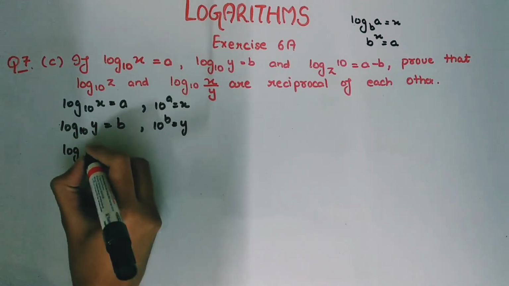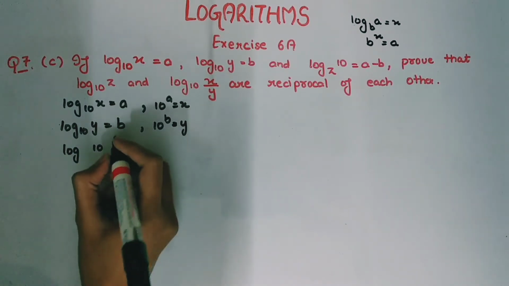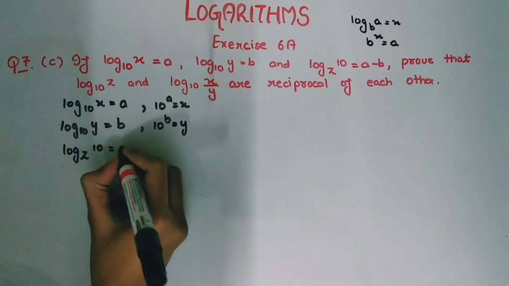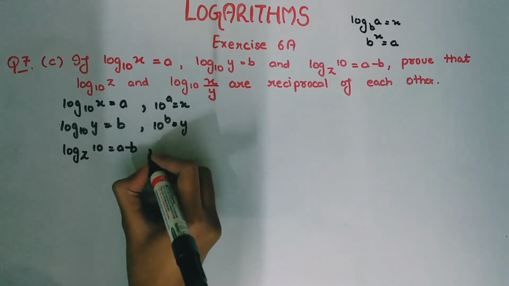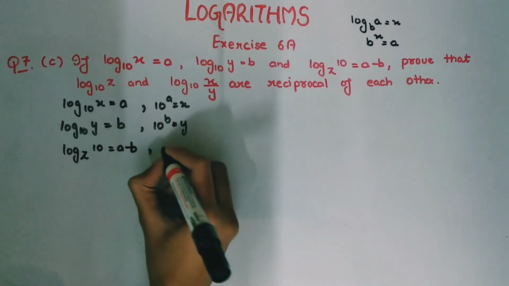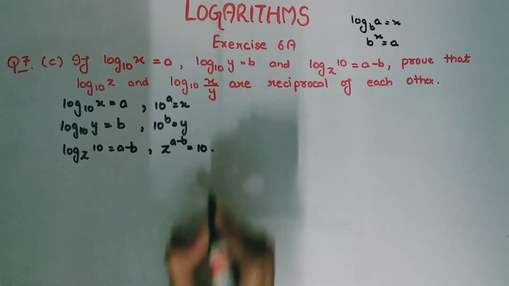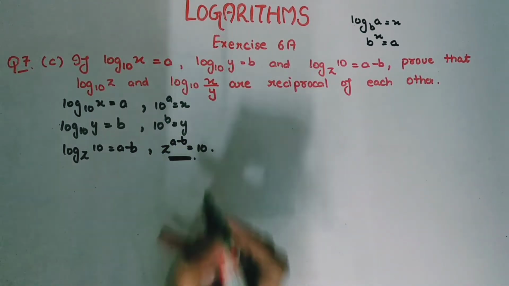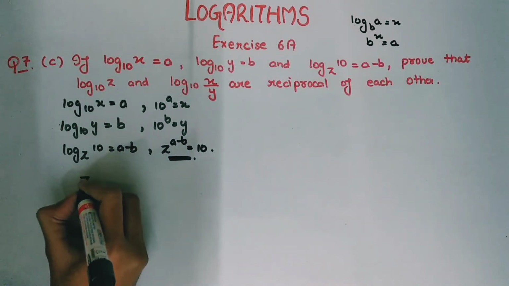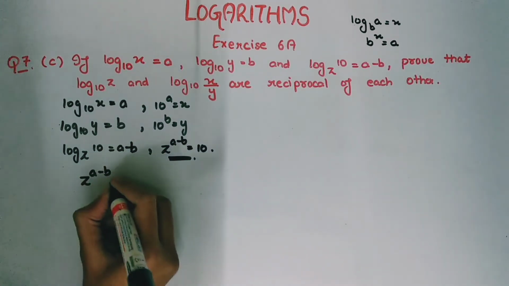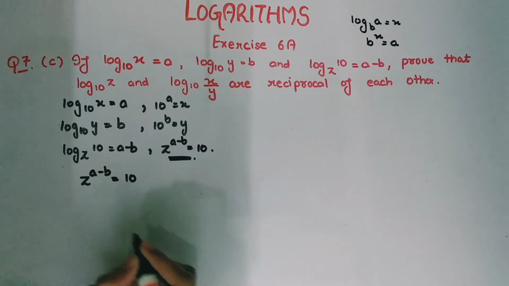Log of 10 to base z is a minus b, which means that z raised to power a minus b is equal to 10.